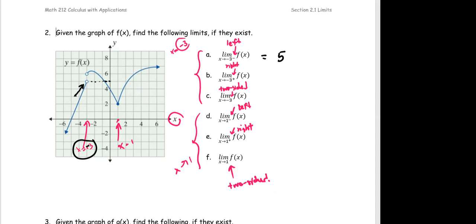Same target, x approaching -3. Why is it 5? Because we aim at x approaching -3, correct? And the superscript negative sign tells you it is the left-hand limit. That means you look at the graph of the function.